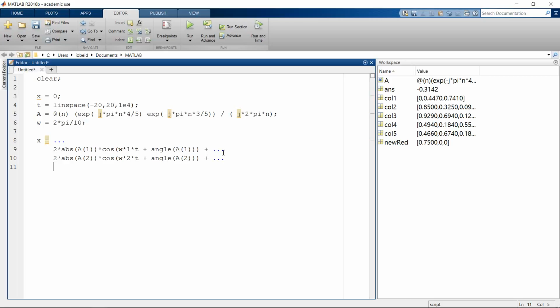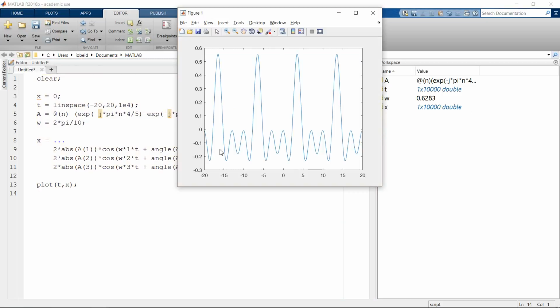Plus dot dot dot, and we'll do the same thing yet again, except I'm going to get smart this time and copy paste. Now I could do this in a loop if I wanted to, but for now, just to make it super explicit what I'm doing, I'm going to draw it out. And finally plot t comma x. You can see that with 3 cosines, it's already starting to take the right shape.